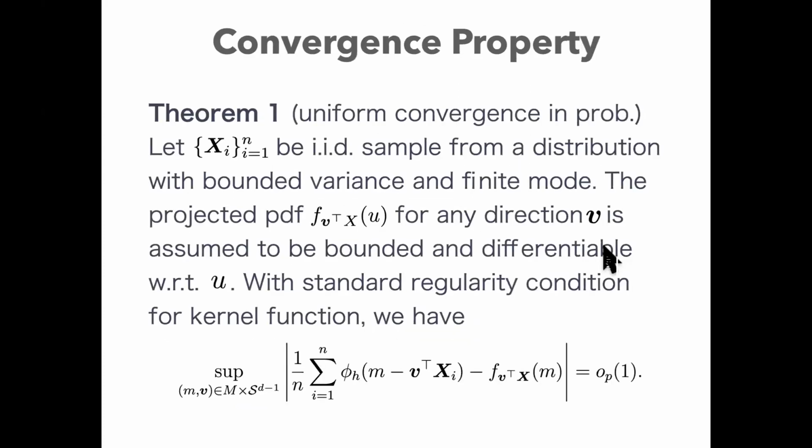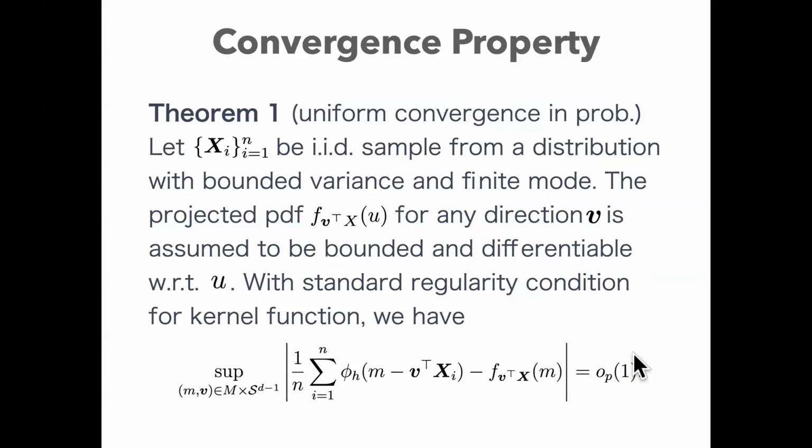Under standard regularity conditions, we can prove this uniform convergence in probability. This theorem states that the value of the density function estimated by using the Parzen-Rosenblatt estimator at any point on any direction gets close to the value of the ground truth probability density function of the data projected to the direction of v in probability.